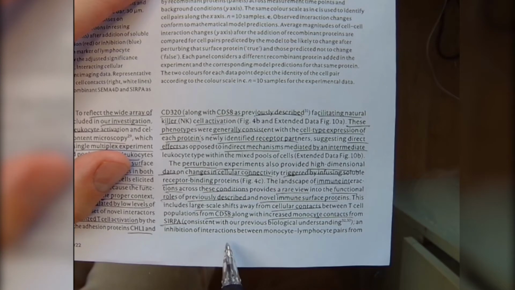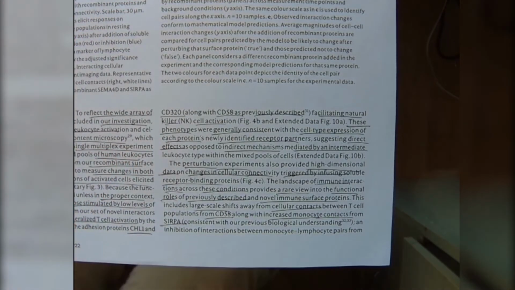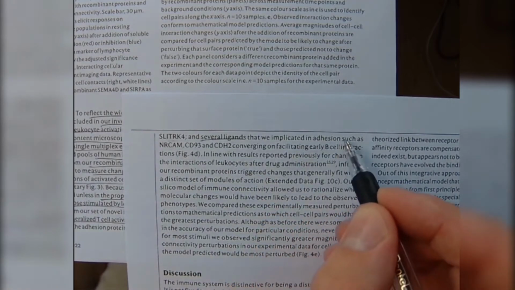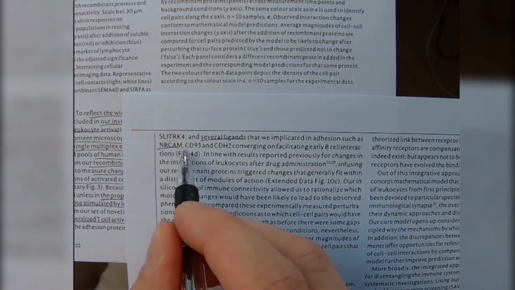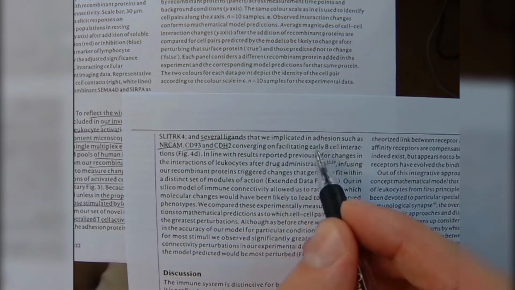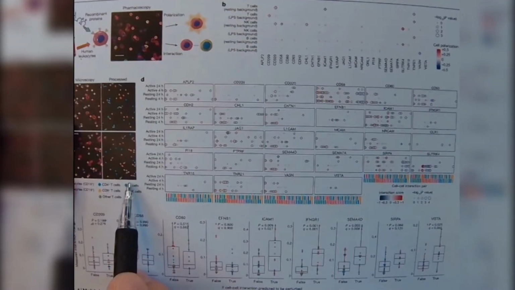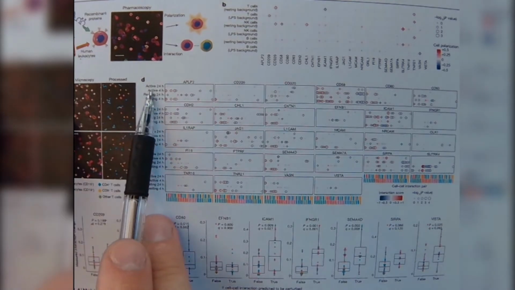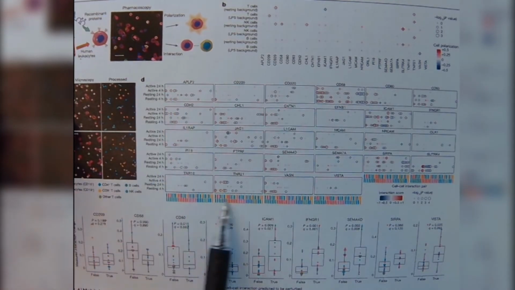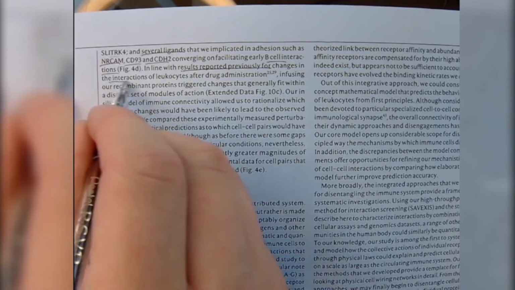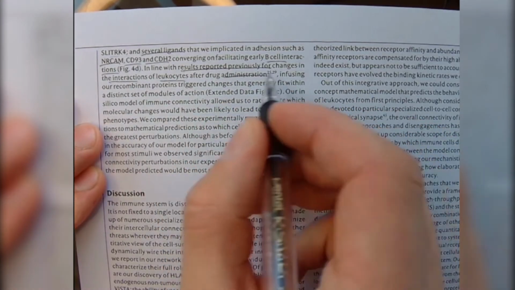An inhibition of interactions between monocyte-lymphocyte pairs from SLITRK4 and several ligands that we implicated in adhesion, such as NRCAM, CD93, and CDH2 converging on facilitating early B-cell interactions, shown in 4D. So the B cells are in this teal, showing that they are interacting at 4 hours across these different cell type interactions.